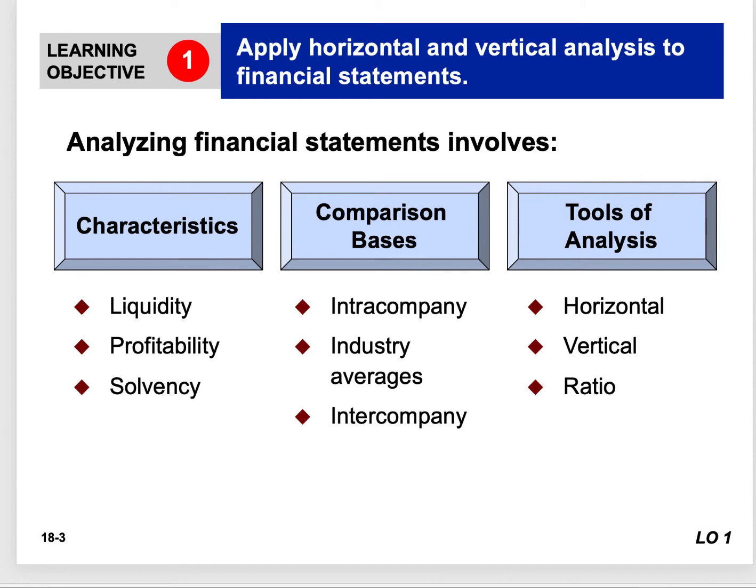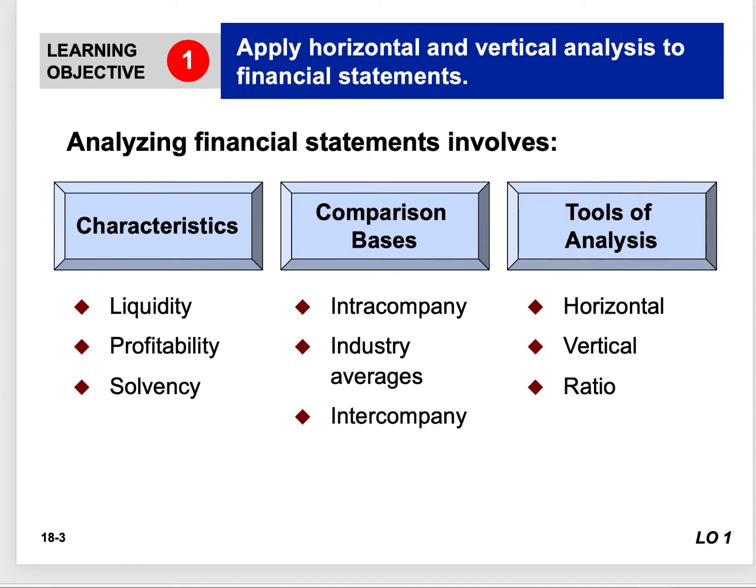to financial statements, right? But we need to recognize first that in order to do vertical and horizontal financial analysis, there are certain characteristics, certain steps, I guess you could say, or certain tools rather, that allow us to analyze financial statements, right? First of all, by analyzing financial statements, we glean an understanding of the firm's characteristics.